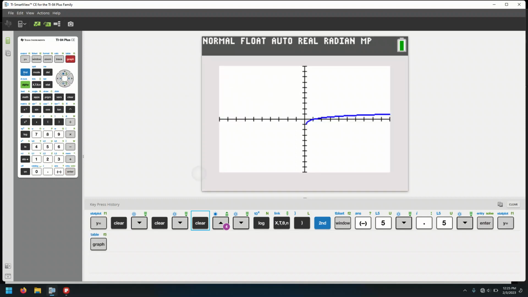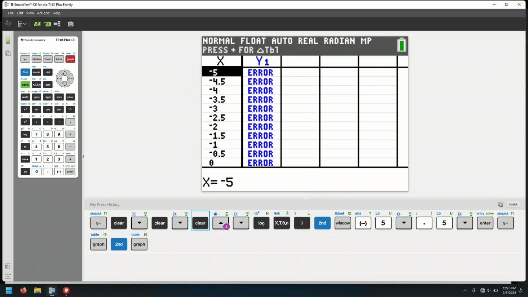Notice what we get as y values for negative numbers, because we already talked about the fact that we cannot take the logarithm, at least for now, of a negative number, because the calculator is going to output an error here. So that means we cannot take the logarithm of 0. We cannot take the logarithm of a negative number, but any number greater than 0 is fine.